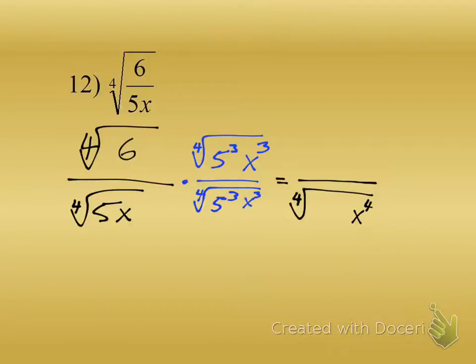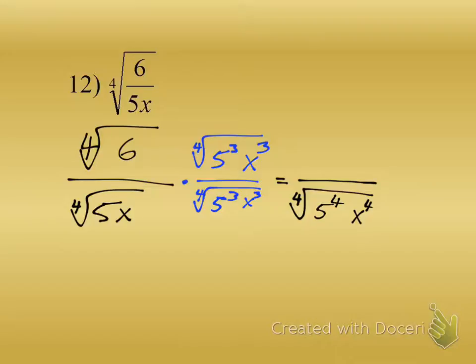It is 625, but you want to write it as 5 to the fourth, because you're going to take the fourth root of it. We didn't take the fourth root of it yet, but either way, it's fine. But it's the 5.